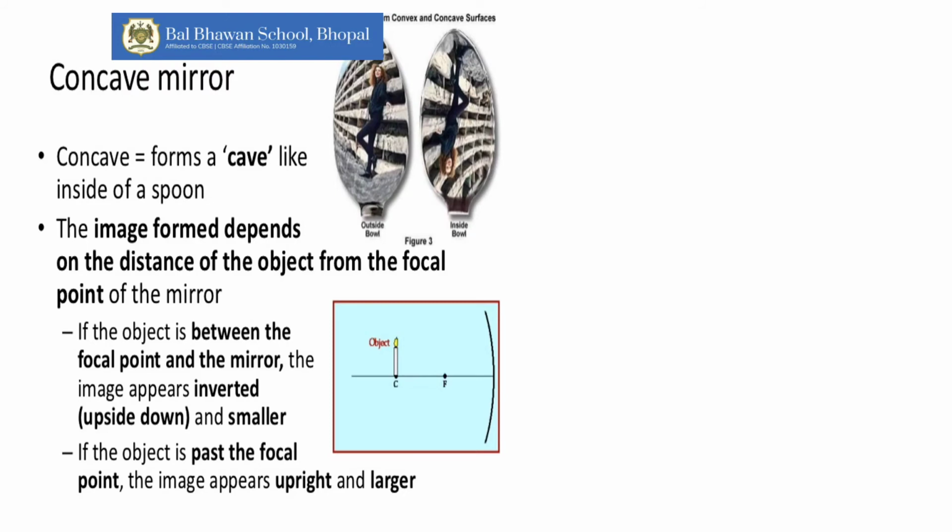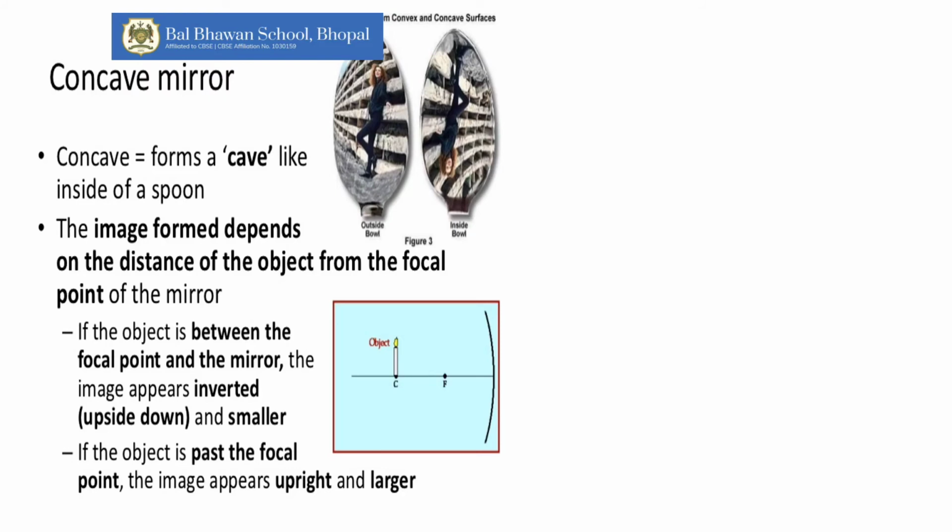On the other hand, it forms a real, inverted but enlarged image, that is a big image, when the object is brought near to the mirror.